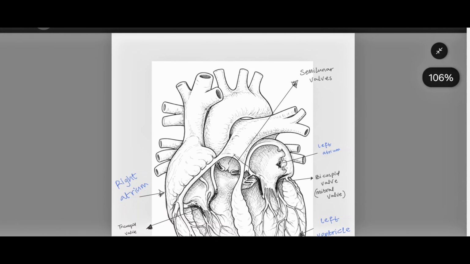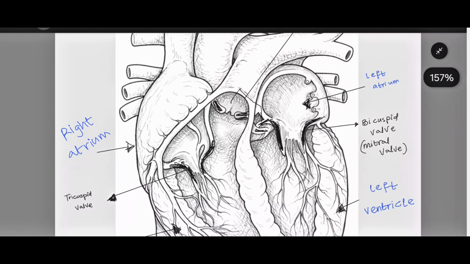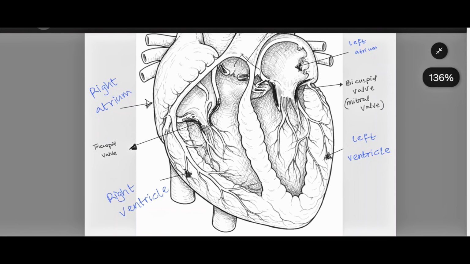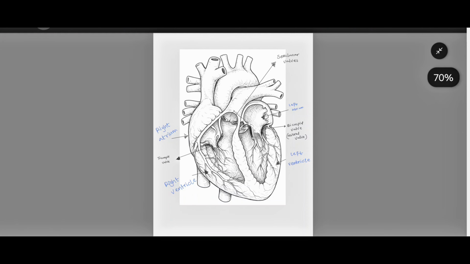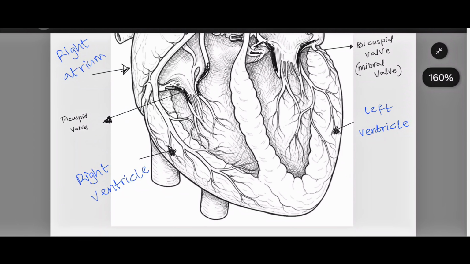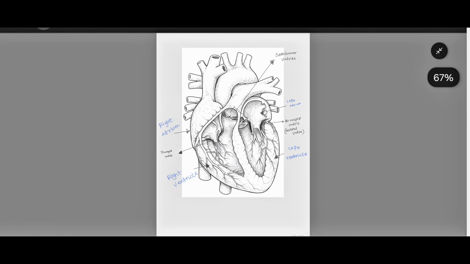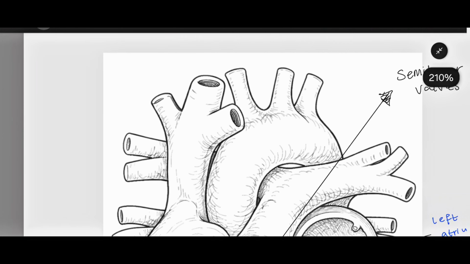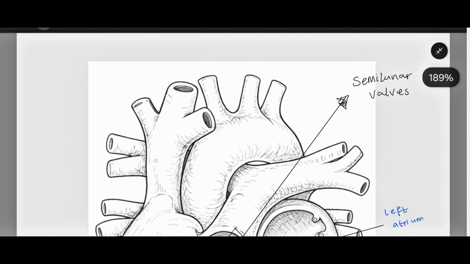So what happens is you get blood coming in from the body into the right atrium, and that blood comes in through blood vessels called the superior and inferior vena cava. So this is the vena cava, this big blood vessel here, and also this blood vessel down here. We can differentiate them because one is the superior vena cava, and if you could guess, superior would be the one on top.